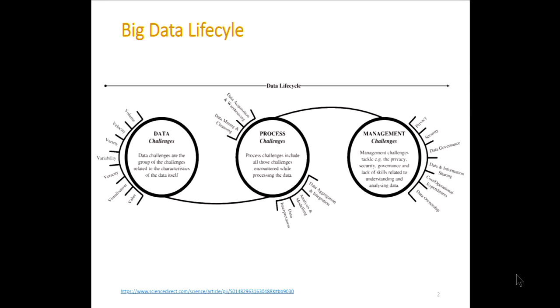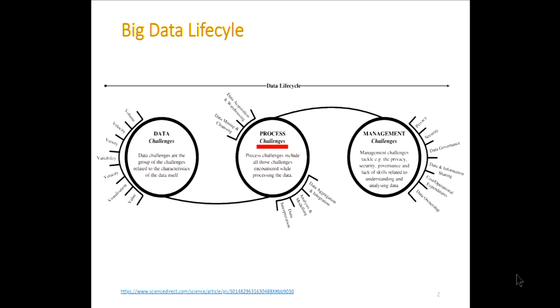What's the difference from the usual data in RDBMS and file databases? What's happened that made people think, okay, we need to take things up a notch so that we can process this huge amount of fast data in different formats? So we looked at it from the data perspective. Today we're going to look at it from the process perspective and from the management challenges perspective.